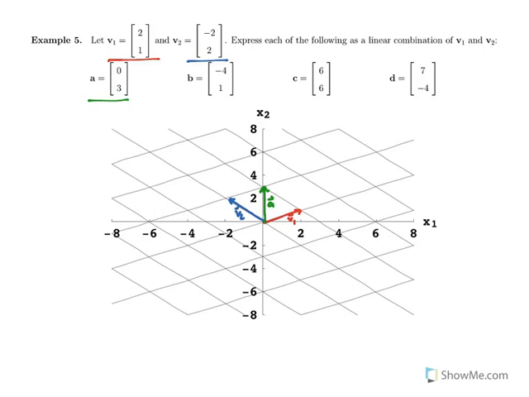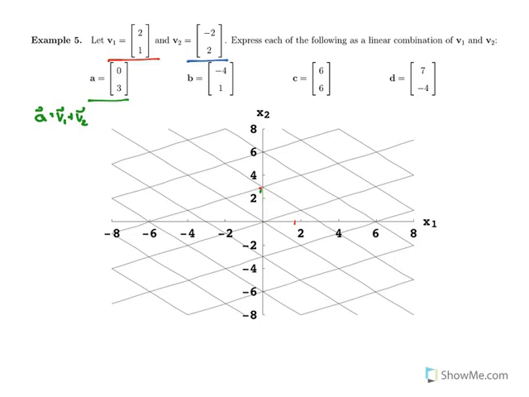How can I represent that as a linear combination of V1 and V2? Well, in one of our first examples, we talked about the parallelogram. And we do have a parallelogram here, and the diagonal of that parallelogram is A. So we could say that A is V1 plus V2.